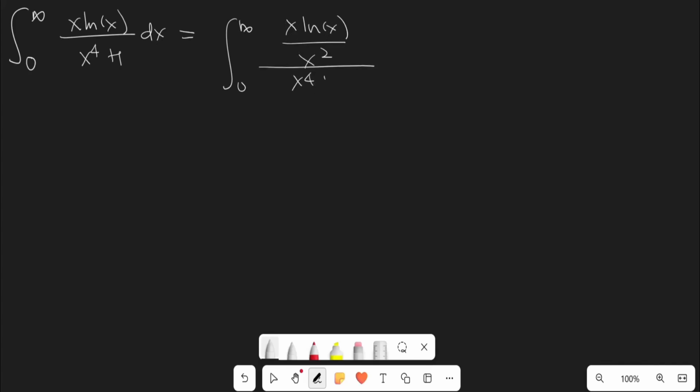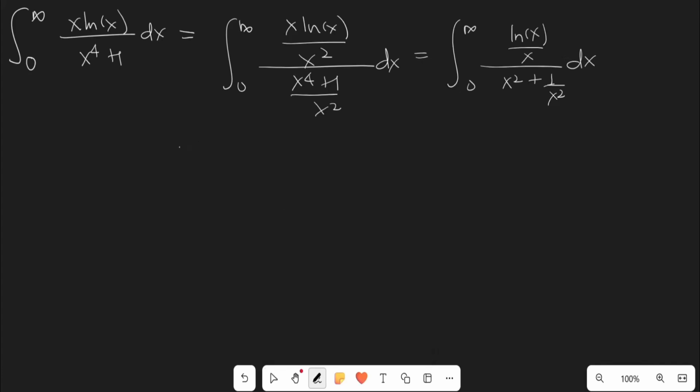Do the same thing to the denominator, dx. This rearranges to the integral from 0 to infinity of natural log of x over x, divided by x squared plus 1 over x squared. That is dividing x to the fourth plus 1 by x squared, dx.